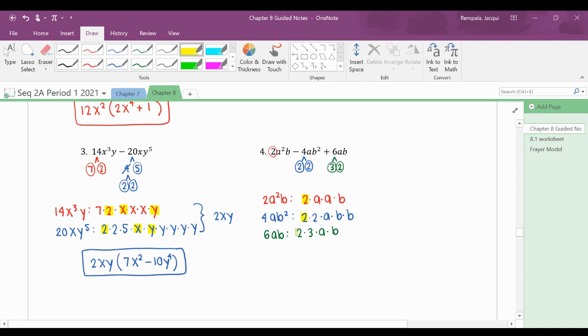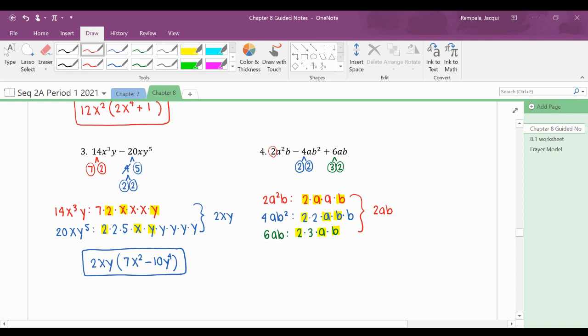So notice that there is a 2 in all 3 of those rows. But there's no more number that all the rows have in common. Notice that there is 1 a that every single row has in common, and there is 1 b that every single row has in common. So multiply what's highlighted back together.